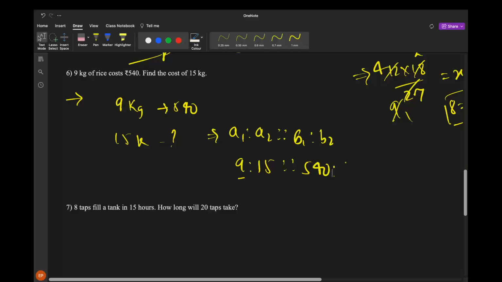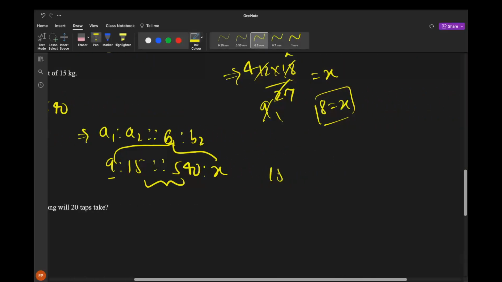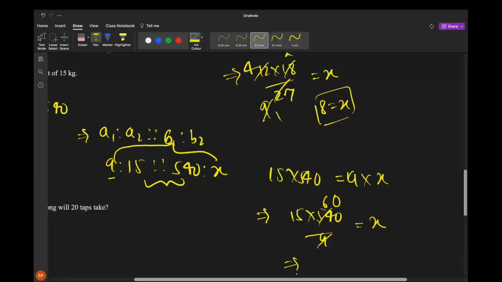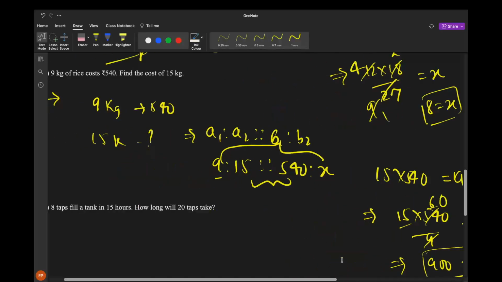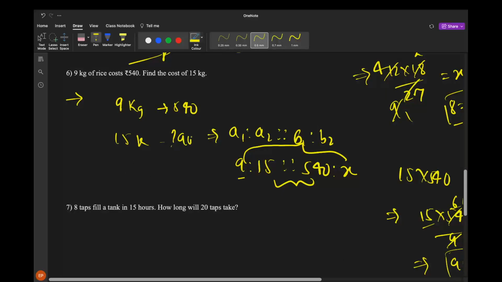For 15 kg we don't know, let it be X. Multiply mean terms, multiply extreme terms and equate. 15 into 540 must be equal to 9 into X. If I take 9 to the left side, 15 into 540 divided by 9 gives X. 9 6s are 54, which gives 60. 15 6s are 90, so 900. Basically for 15 kg we have to pay 900 rupees.